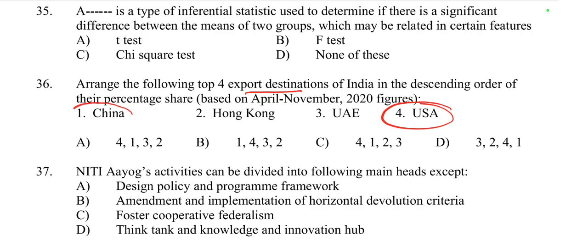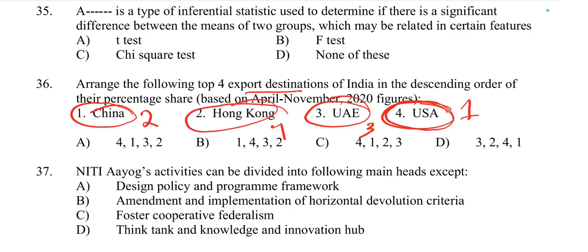Then the second one is China, then the third one is UAE, United Arab Emirates, then the fourth one is Hong Kong. So 4 1 3 2, option A is right.